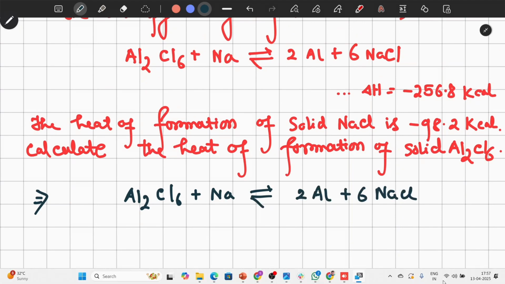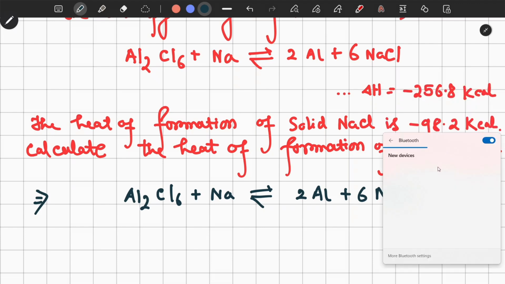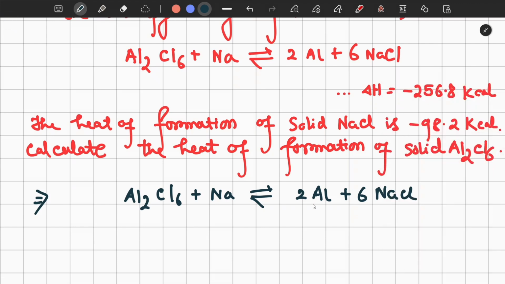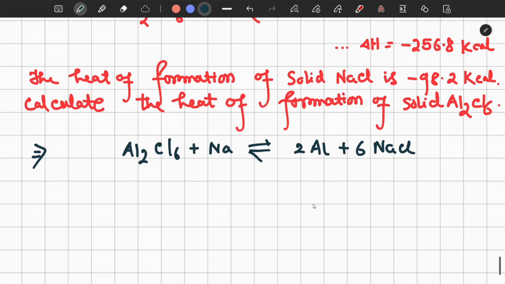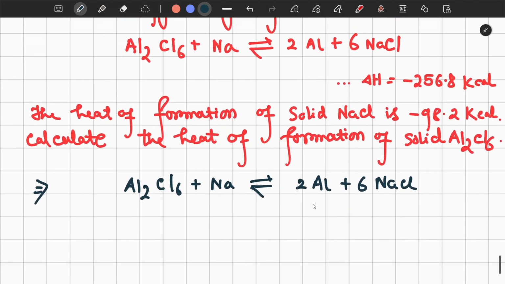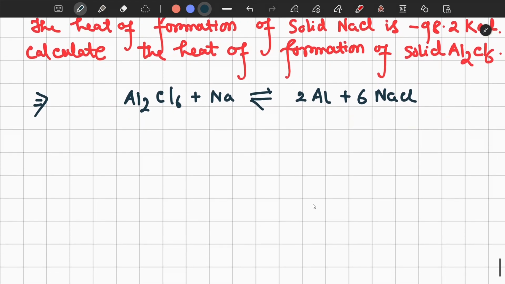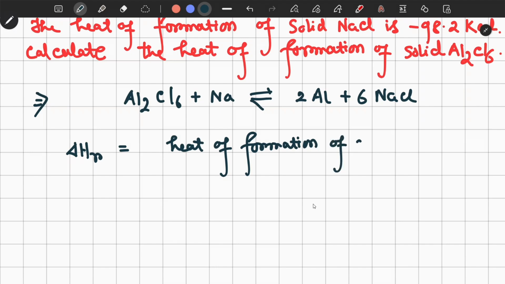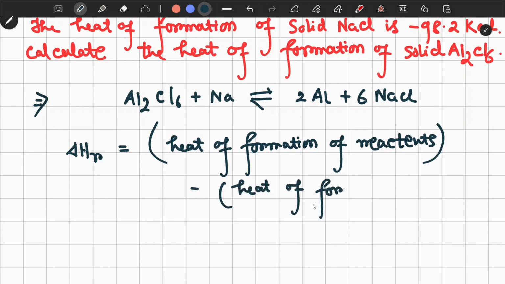So delta H of reaction will be the heat of formation of reactants minus heat of formation of products.